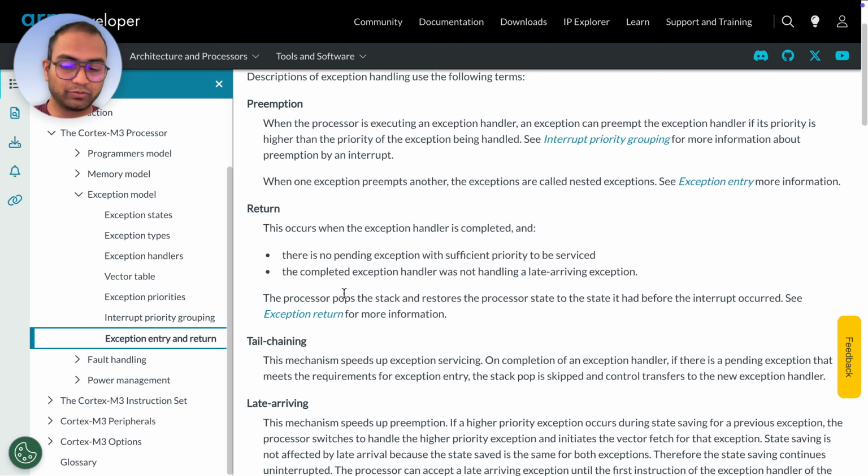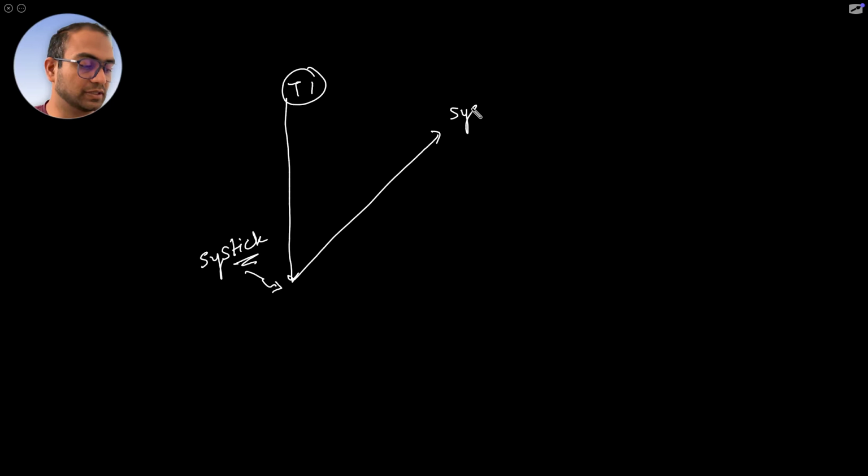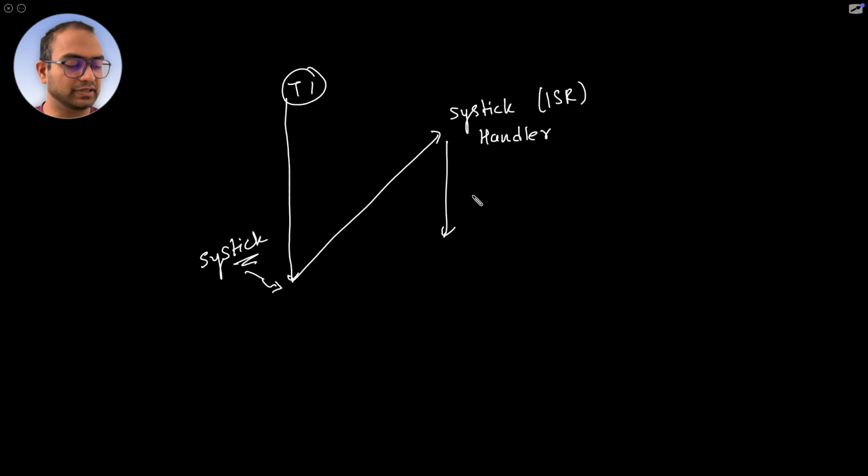Why are we looking at this specific thing? Because recall, I told you Task 1 is executing, and an interrupt happens here, in this case the SysTick interrupt. That's why we are interested in the SysTick timer. Once that interrupt happens, it jumps to the SysTick handler, the interrupt service routine, the ISR, so to speak. Within that, we said it will be using the stack corresponding to Task 1.